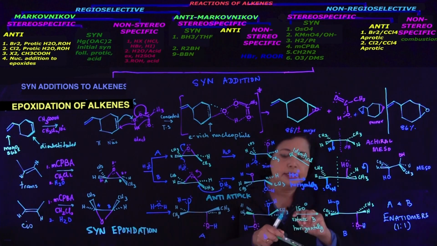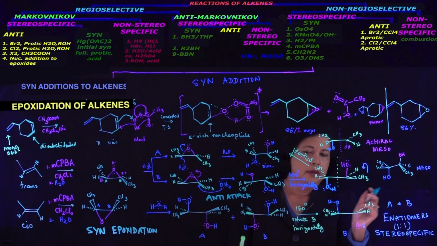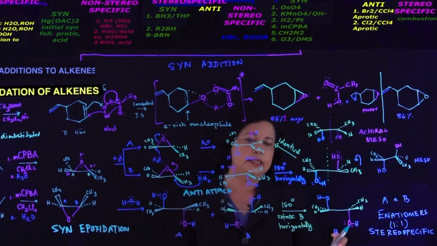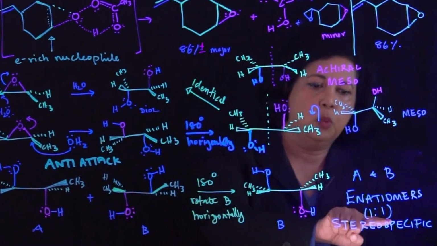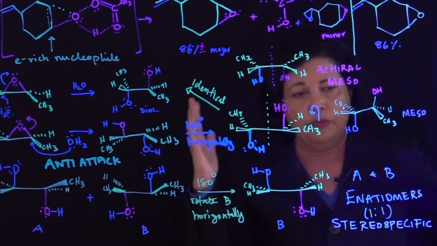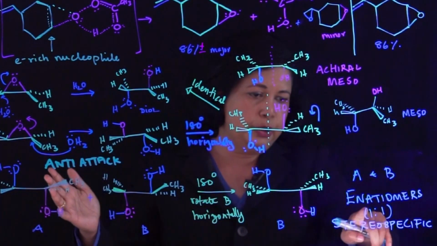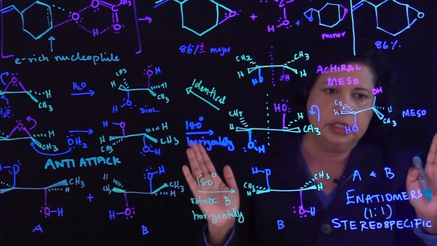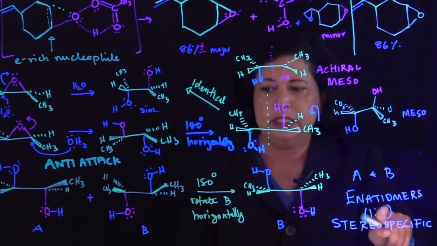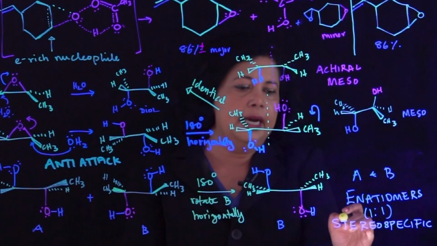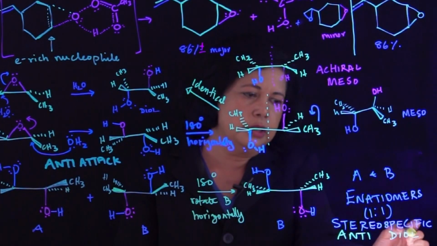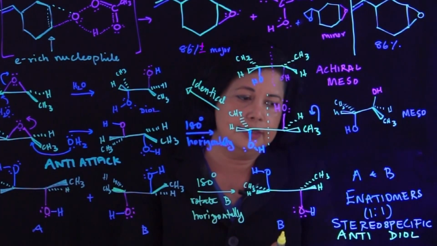So it is stereospecific. It is not stereoselective. You get a one-to-one. You don't get, let's say, 5-to-2 or some ratio here. You get a one-to-one. So it's not stereoselective. It is stereospecific. You get anti-diol. Your oxygens are on opposite sides.